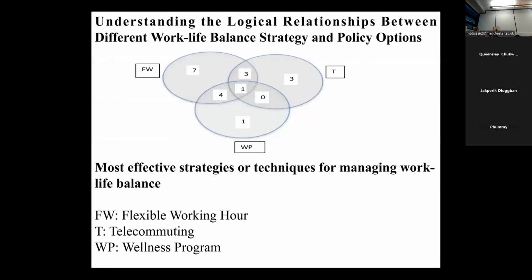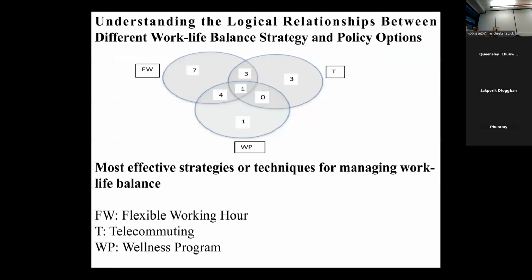From this Venn diagram, we can see that flexible working hour is highly favored with wellness program, then telecommuting. The data indicate that flexible working hours are favored as the primary strategy for work-life balance, followed by its combination with wellness program, which highlights an opportunity to promote wellness program initiatives more effectively among workers to enhance their appeal.